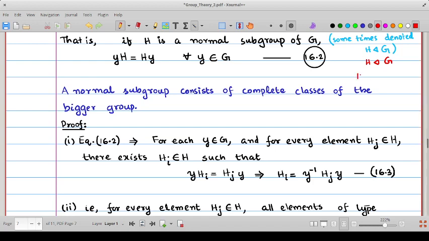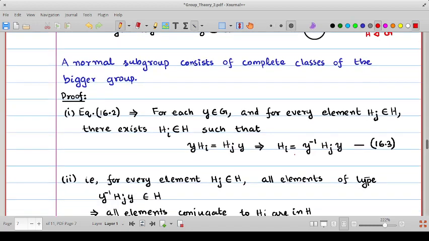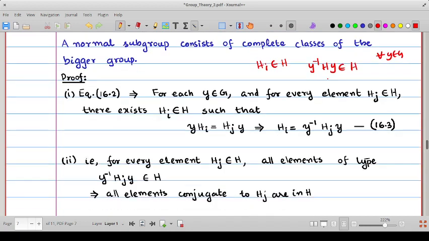That is, if H is a normal subgroup of G, then this H contains complete classes of G. So that means you take any element Hi of the normal subgroup H, then all elements that are conjugate to Hi are also in the subgroup H. So take all elements Y inverse H Y for all Y in G, and these elements should also be in H if H is a normal subgroup. And we will now show this.